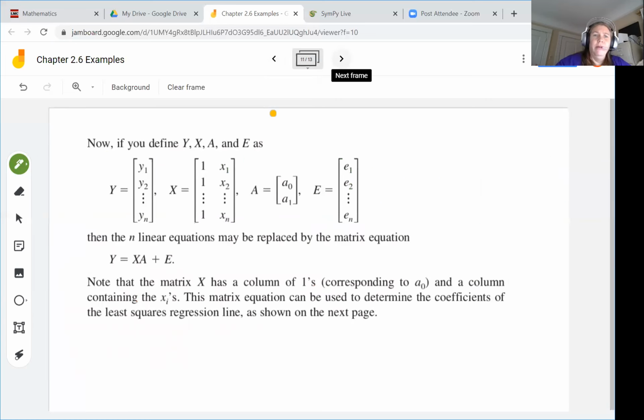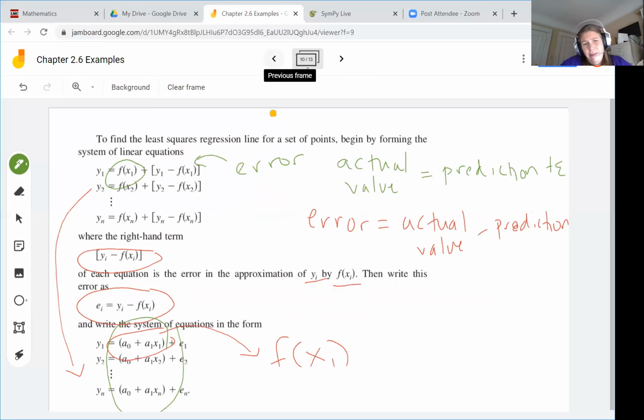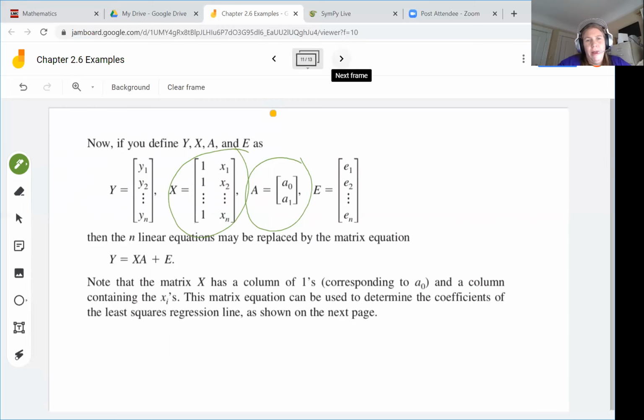So we create a coefficient column matrix A equals a0, a1, and that's going to get multiplied by our x values, where since a0 is a constant, we'll just say our x value can be 1. And then for a1, our x values are going to be x1 through xn. And then our errors are in the matrix E.